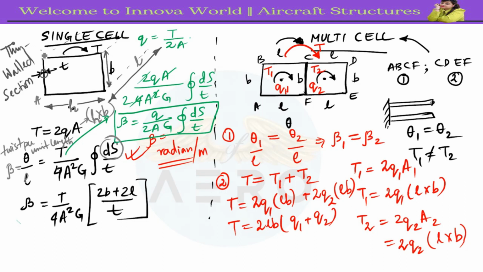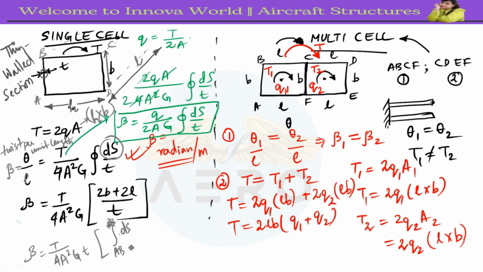If these are points A, B, C and D, ds refers to the perimeter of that section. So beta equals T by 4A squared G. Let's consider the thickness is the same, so I take t outside. Then the integral over AB of ds. A perimeter is a length.